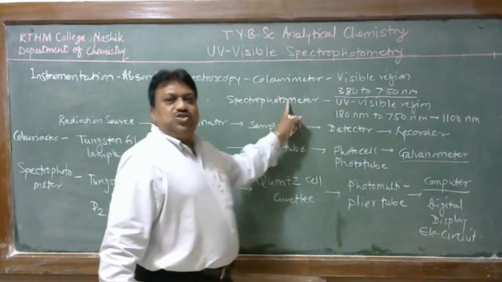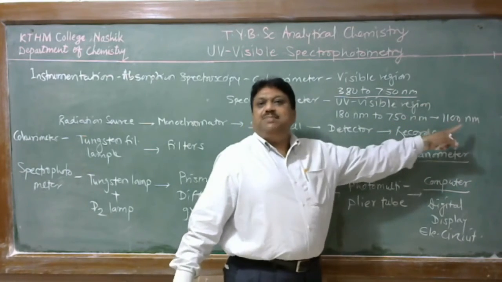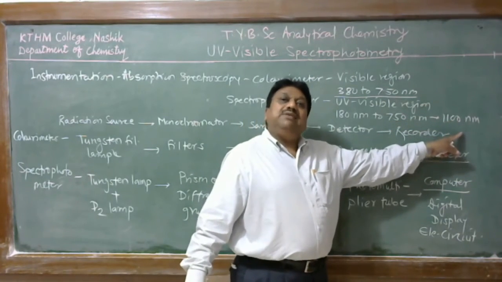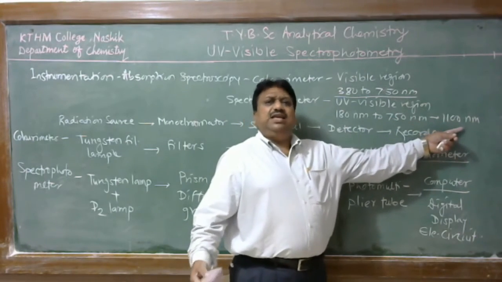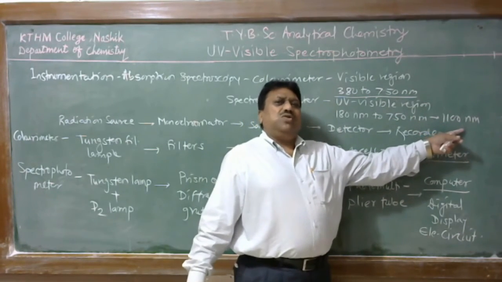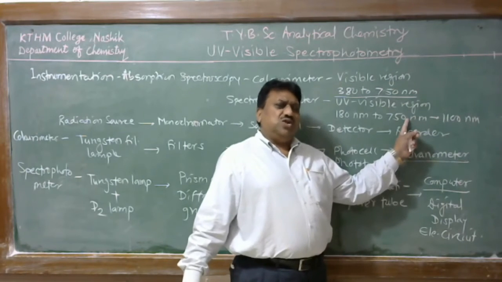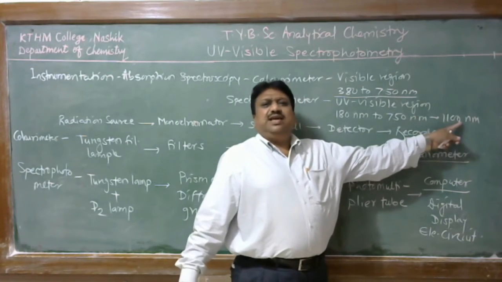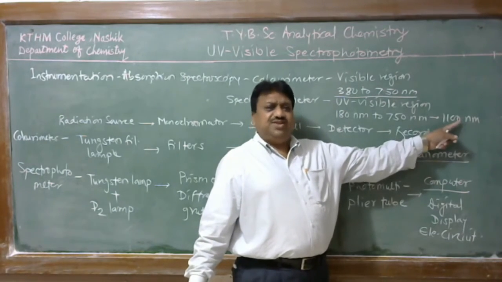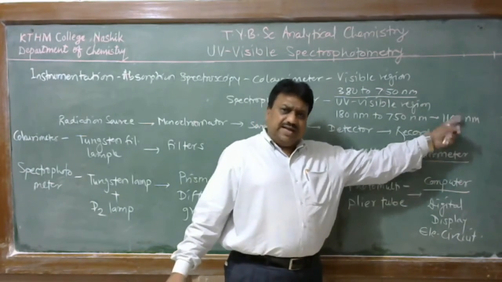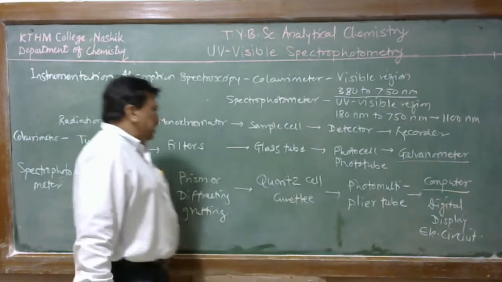In modern instruments, this measurement may be carried out up to 1100 nanometer. But beyond that there is the infrared region. Therefore, absorption is not possible in this region. There are vibrational transitions or rotational transitions that may occur at this longer wavelength.